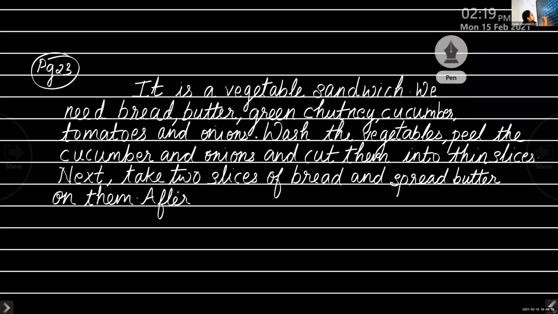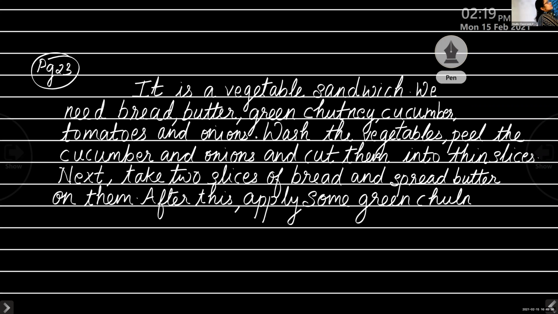After this, apply some green chutney on both slices.